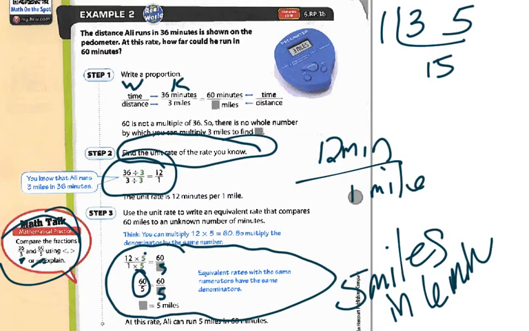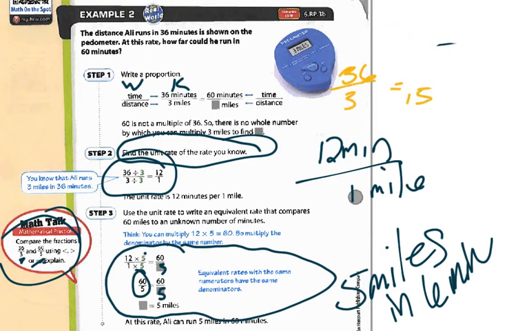So that means I need to change 36 thirds to 15ths. I'm going to erase this so we have room. I would have to multiply this by 5 over 5. If I take 36 times 5 in my calculator, I get 180.